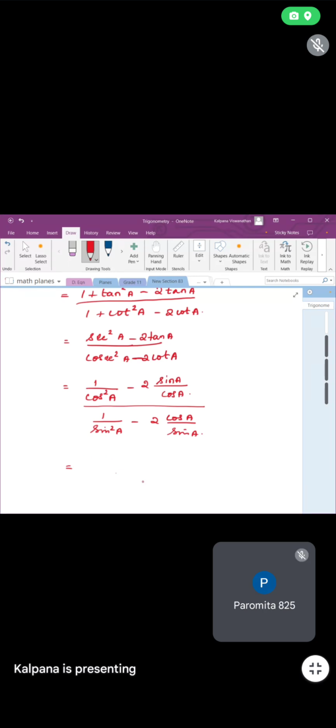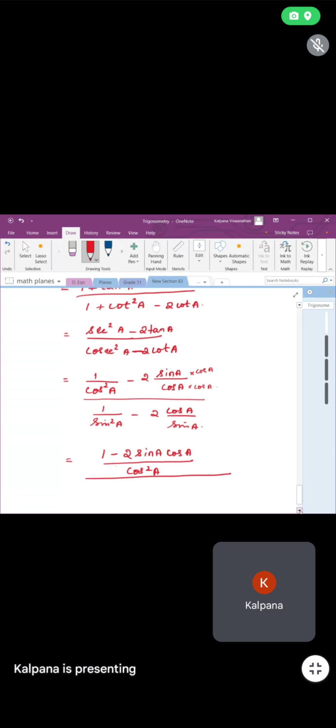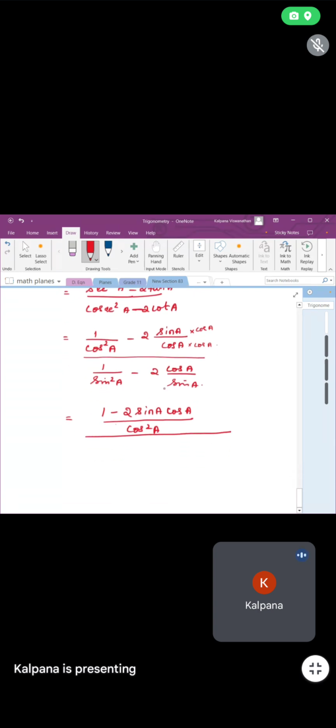Take the LCM. Here we have cos square A, here we have cos A, so we only have to multiply by cos A here, cos A into cos A. So you will get 1 minus 2 sin A cos A divided by cos square A, the whole divided by, same way, look at the denominator.